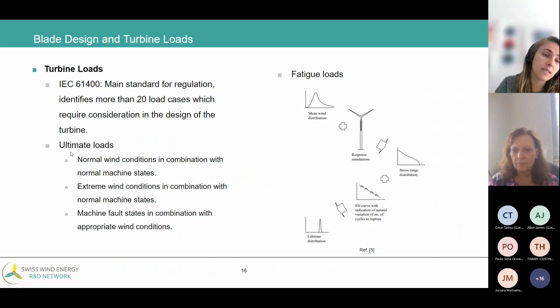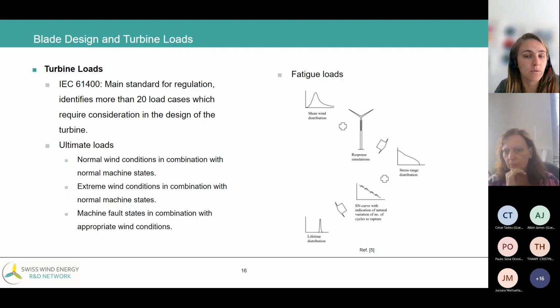This is for ultimate loads, for extreme loads, and we also need to project our turbine for the fatigue loads. And here, why I think this is important to mention, is because fatigue loads for a wind turbine are very different from other types of components.